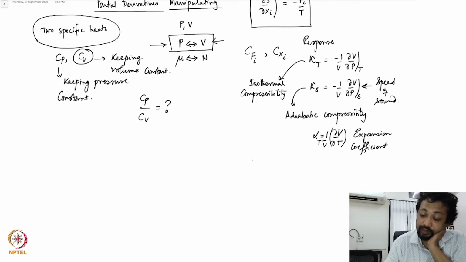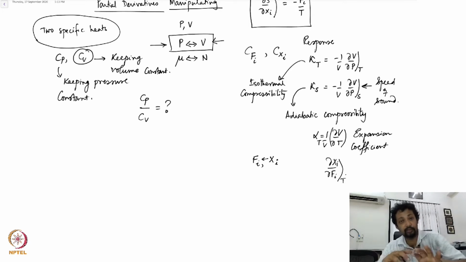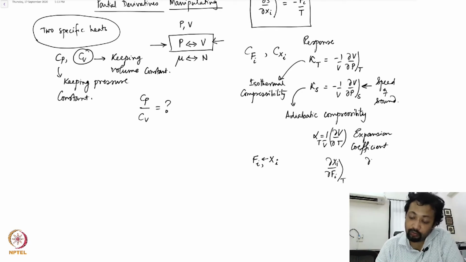For example, for any arbitrary thermodynamic system, if xi is the generalized coordinate and the corresponding generalized force is Fi, then one can of course ask del xi del Fi, and this experiment one can do either keeping the temperature fixed for an isothermal process, or one can define it as del xi del Fi by keeping the entropy fixed.